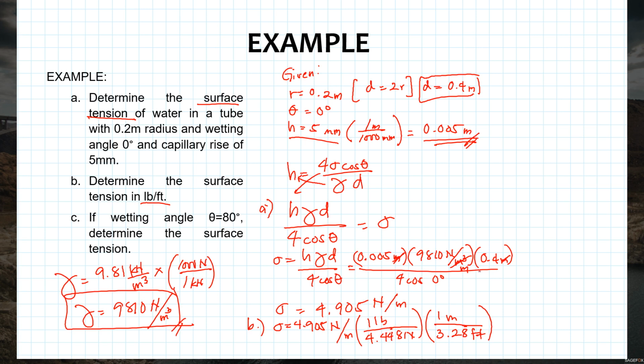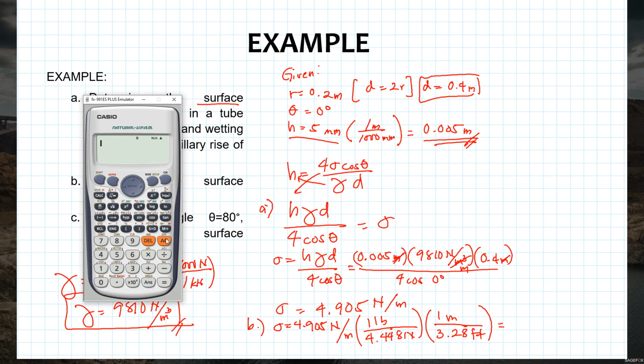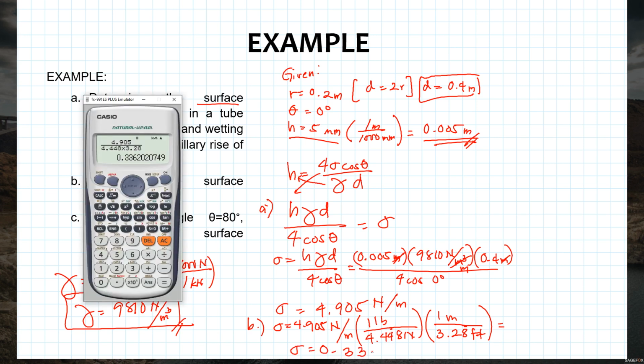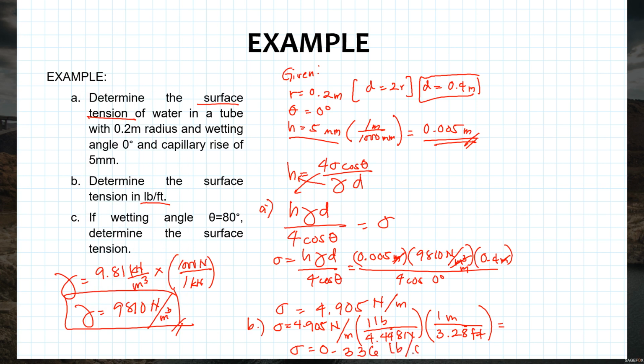So this will be equal to 4.905 divided by 4.448 times 3.28. Sigma is 0.336 pound per feet. This is the answer for this one.